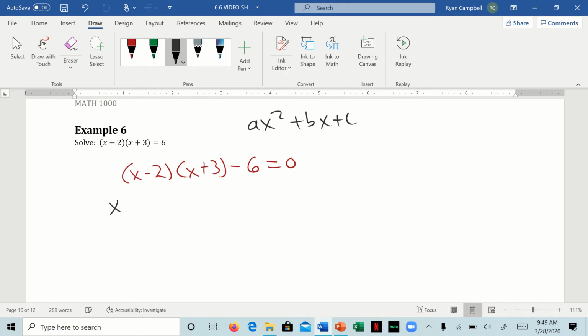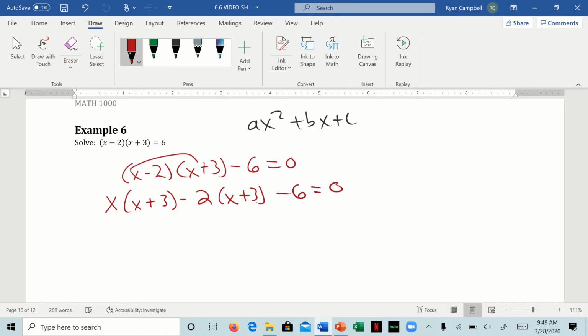So we have x times x plus 3 minus 2 times x plus 3 minus 6 equals 0, right? So it's x times all that, negative 2 times all that. Then we get x squared plus 3x minus 2x minus 6 equals 0.